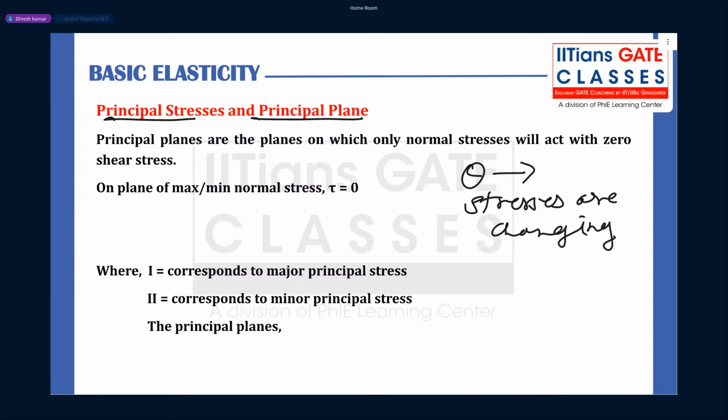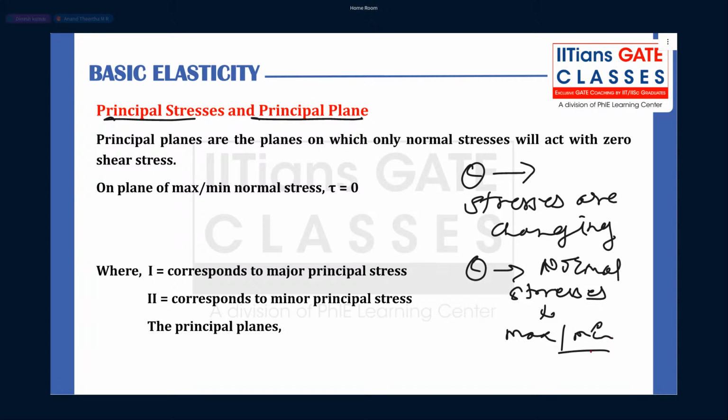So there will be one angle theta for which your normal stresses are maximum or minimum. It is maximum also, it is minimum also. Maximum principal stress is known as major principal stress, and minimum principal stress is known as minor principal stress.